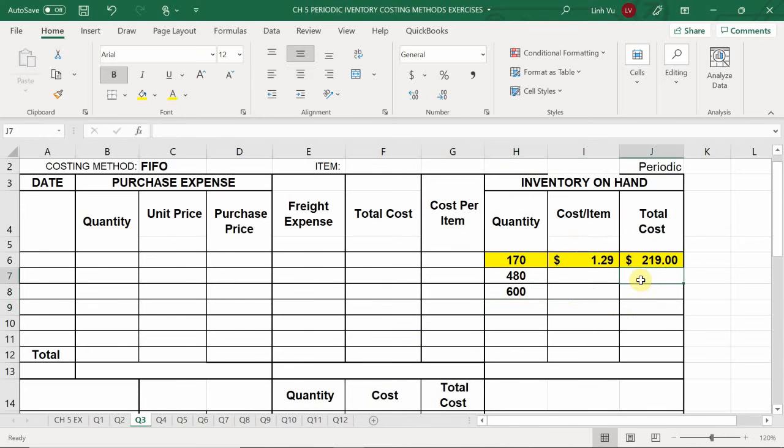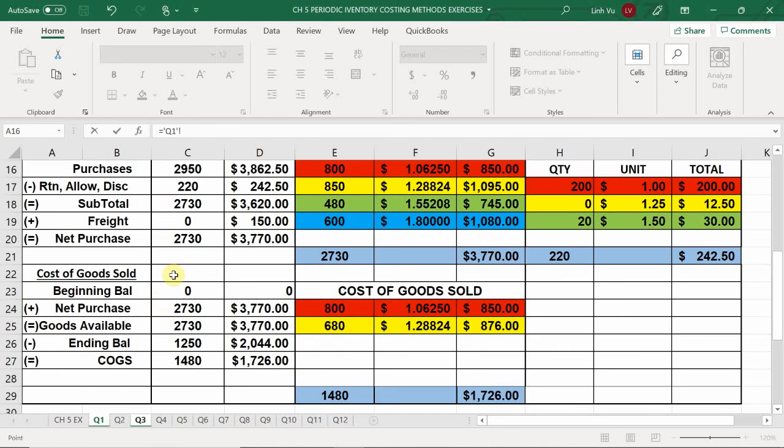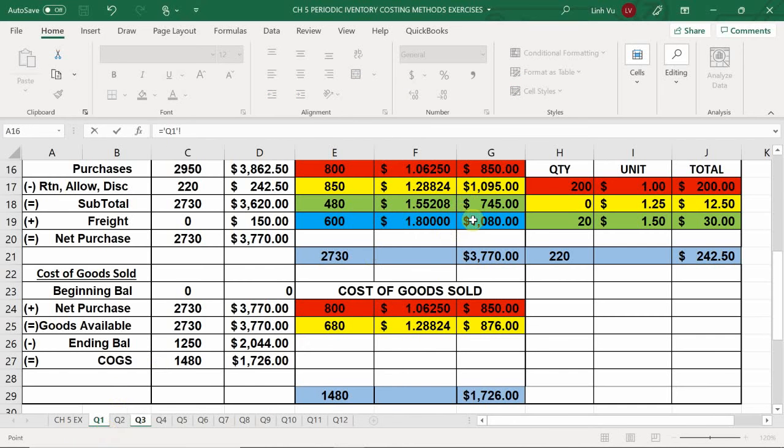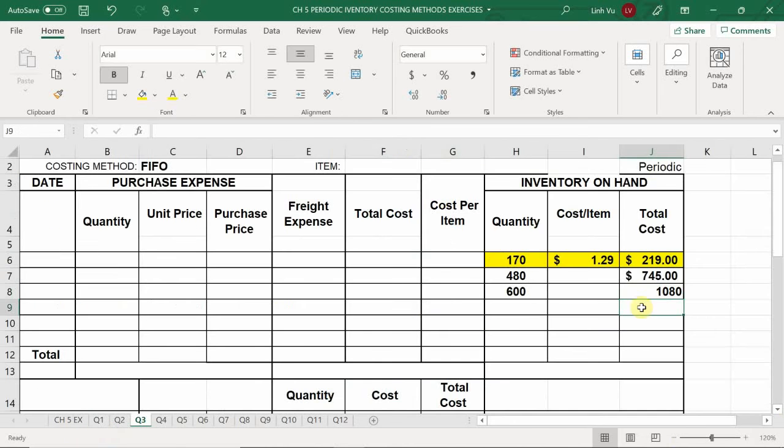I'm going to plug in the same numbers here because we're dealing with unrounded numbers, so I need to make sure that the calculations for my cost per item are correct. So I'm going to enter my balances into my inventory on hand.